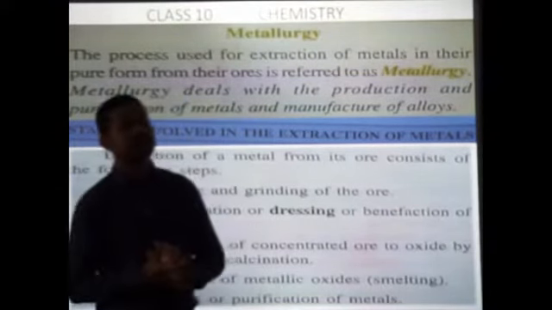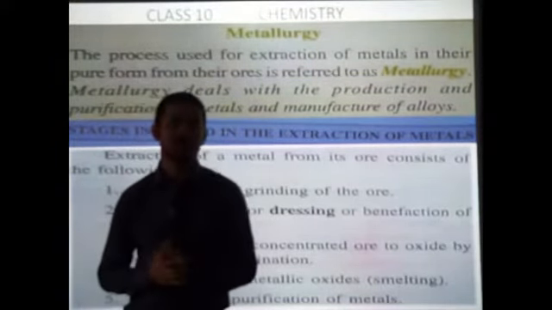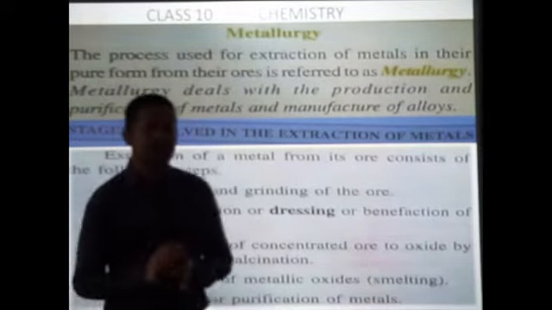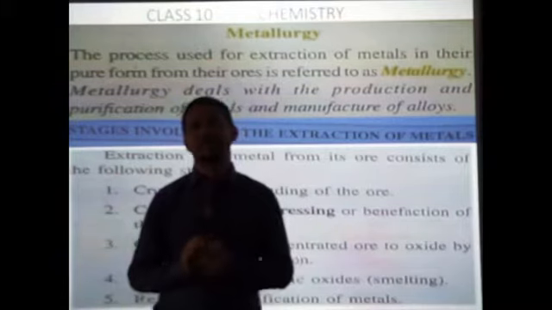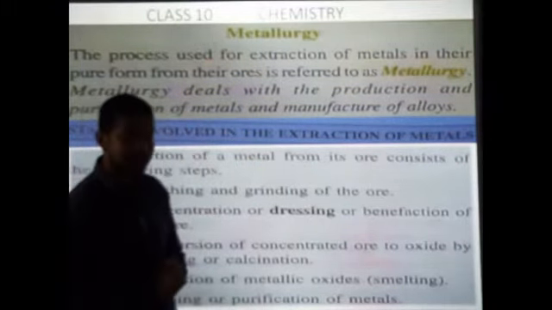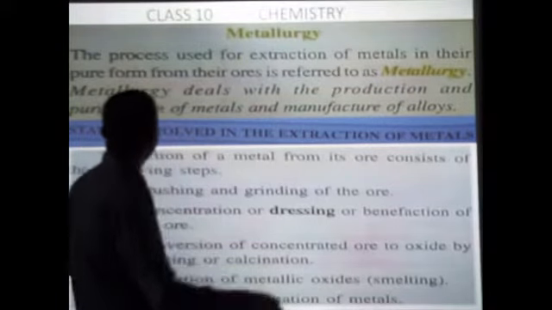So we learned about some of the main ores of aluminium, iron and zinc. Today we'll be learning how to extract metals, and before that we'll be learning what is metallurgy.